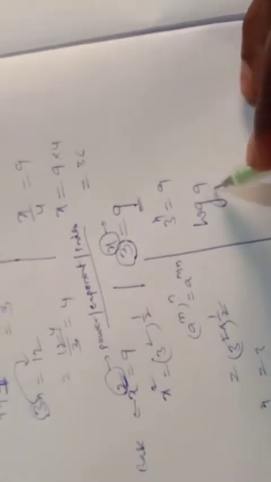Therefore, apply the logarithm, that equal to log 9 base 3 equal to x. Here we can write 9 equal to 3 square. Here we use the formula, then we find the value of x. Therefore x equal to 2.